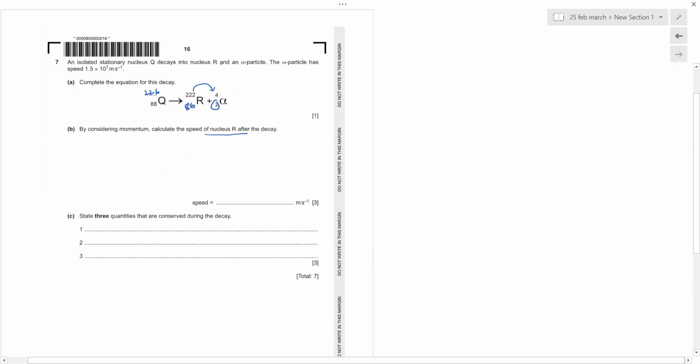An isolated stationary radon decays into Ra, the alpha particle is this. अच्छा, अल्फा पार्टिकल की स्पीड होना चाहिए। तो we have to find out the speed of nucleus Ra, ठीक है। So this is basically momentum conservation.